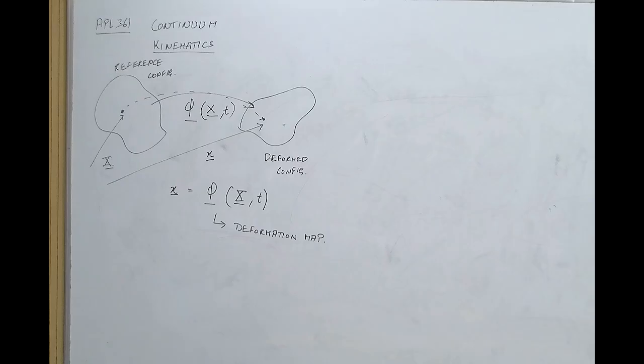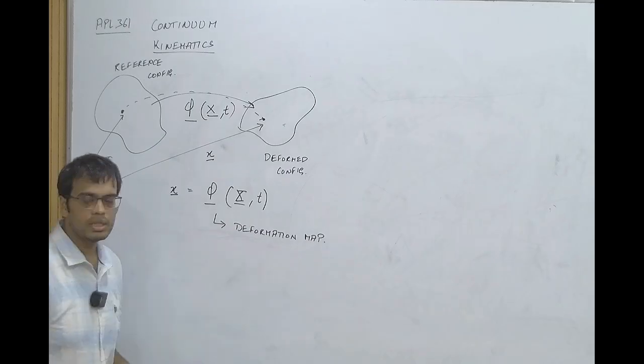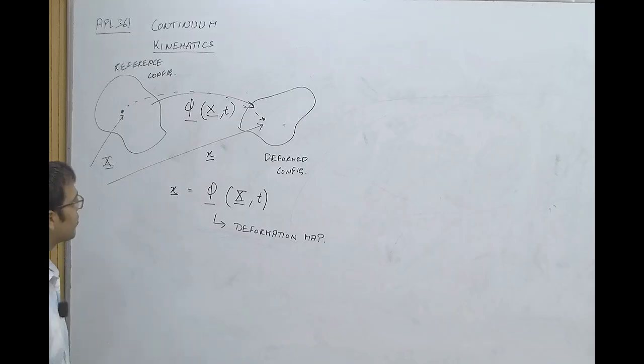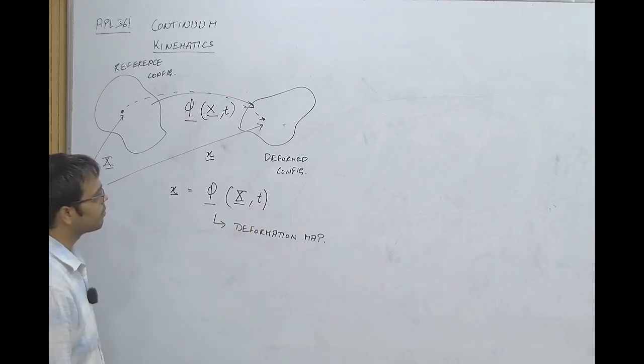This is called the deformation map or deformation function. For you, we don't need to make the differentiation between a map and a function. You can think of it as a deformation function, basically mapping the material particles in the reference configuration to a spatial location at some time t.